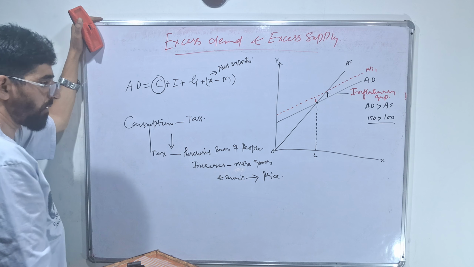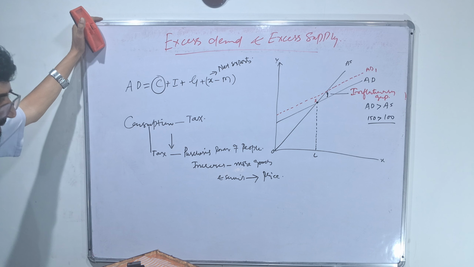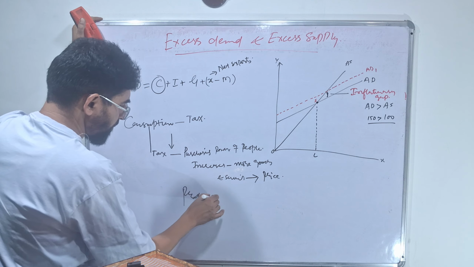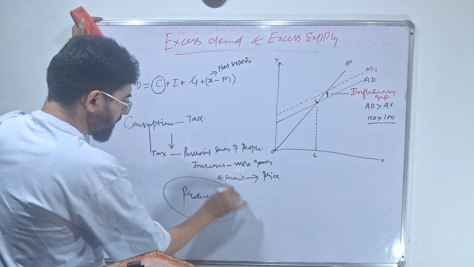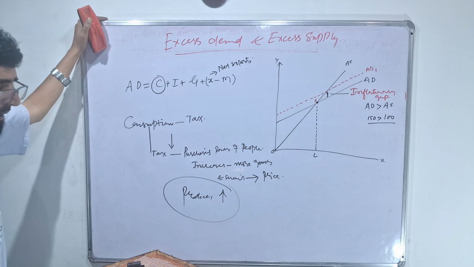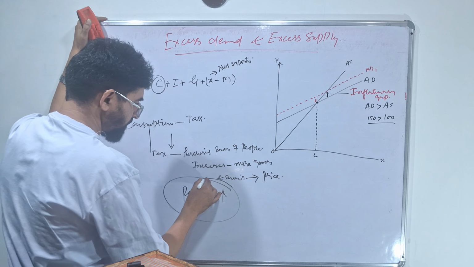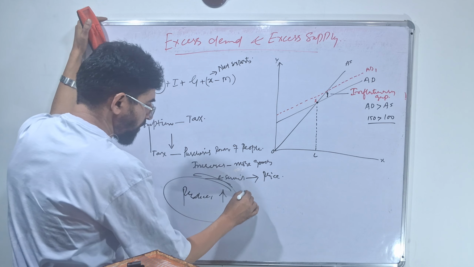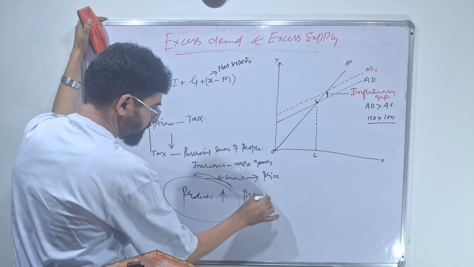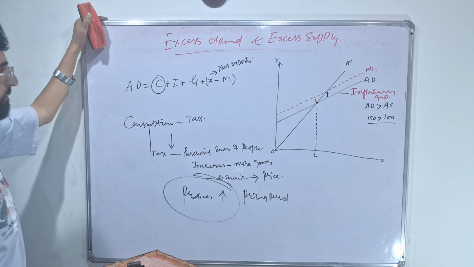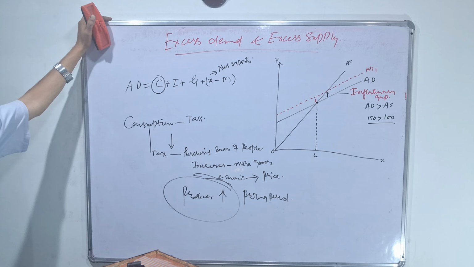They will demand more goods and services. Definitely the producer will raise its price. When this situation continues for a prolonged period, definitely this will create an inflationary gap in an economy.